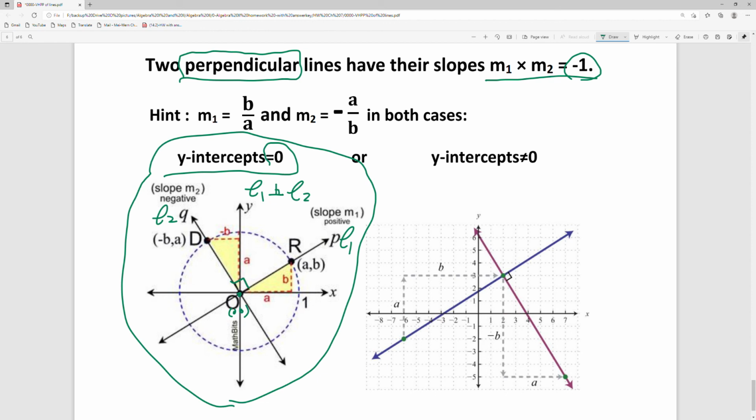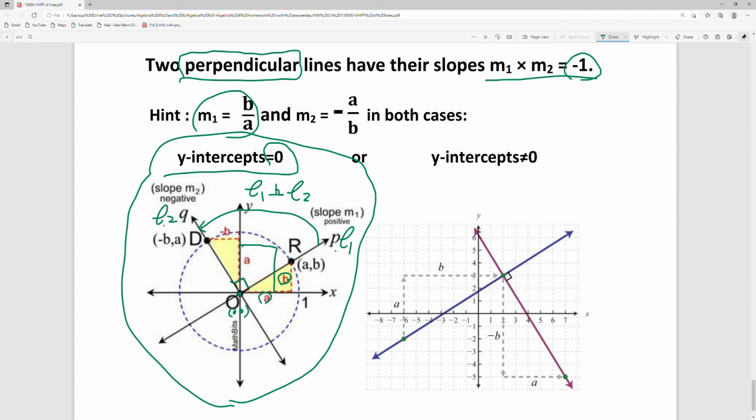Then when you calculate their slope, slope 1 will be rise over run, b over a. And because our coordinate system is 90 degrees, when you rotate this line 90 degrees, you have line 2.